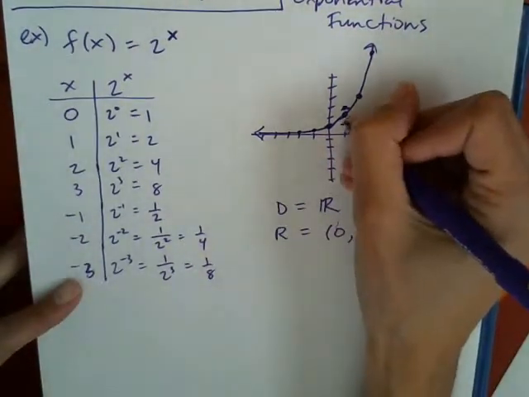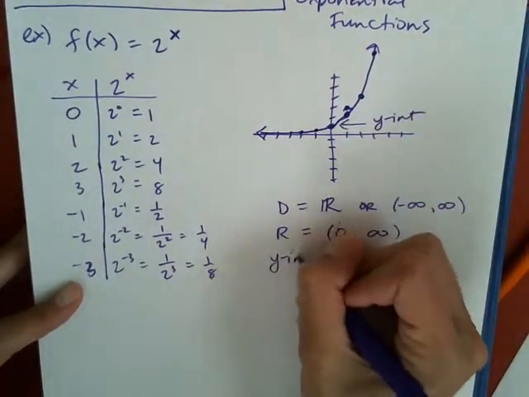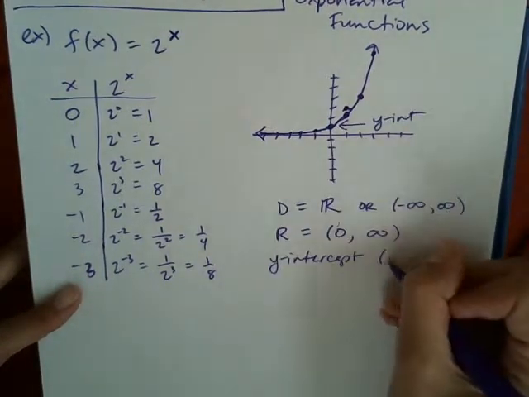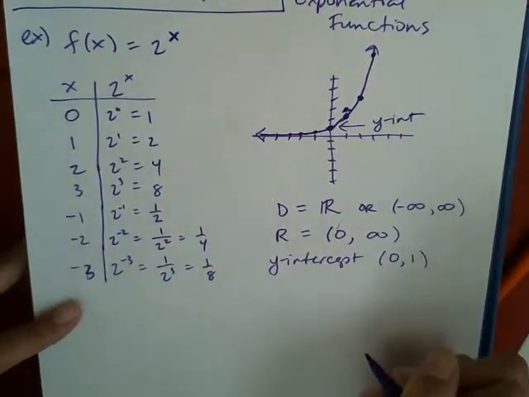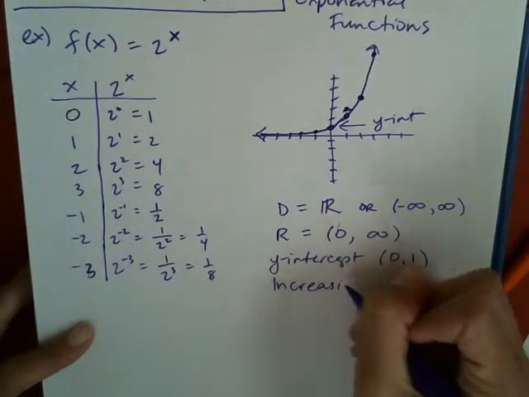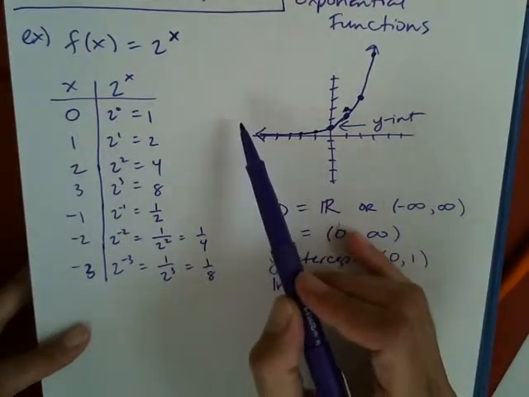I have a y-intercept, there it is. 0 for x and 1 for y, so it crosses the y-axis at 1. And we say this is an increasing function. It's increasing because I read it left to right just like a book.